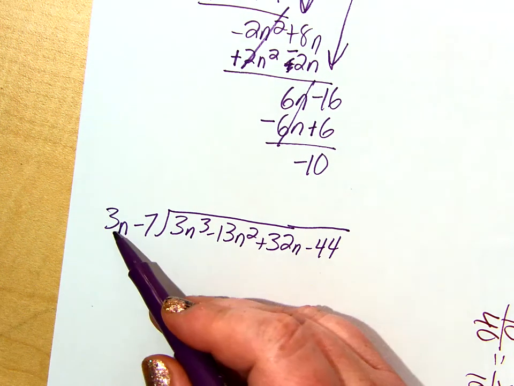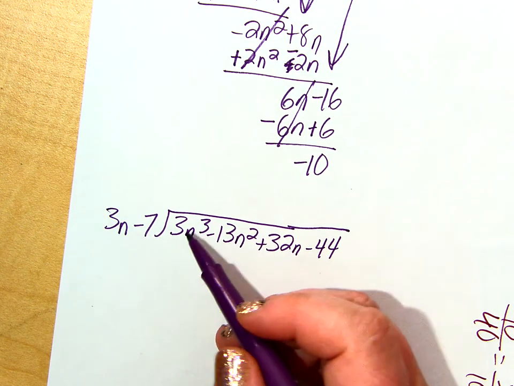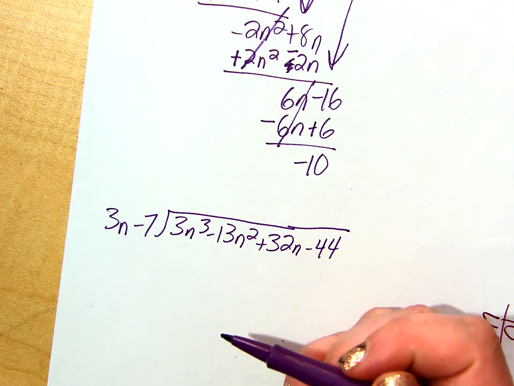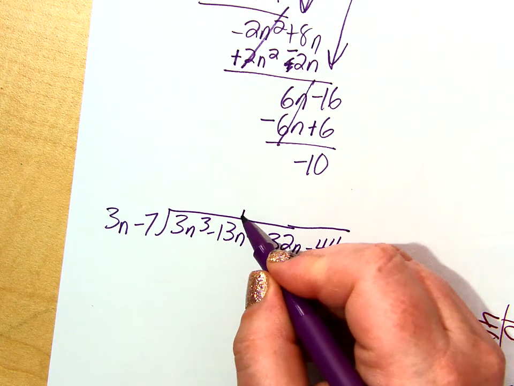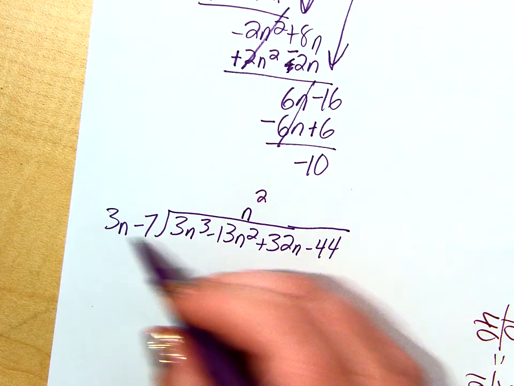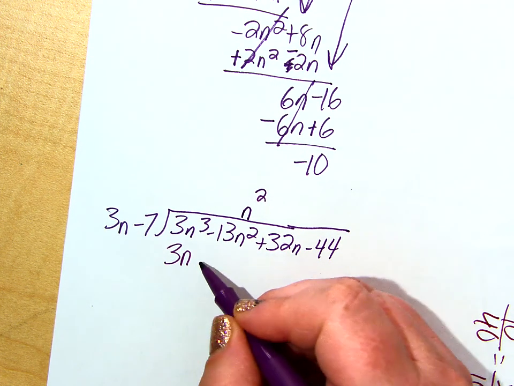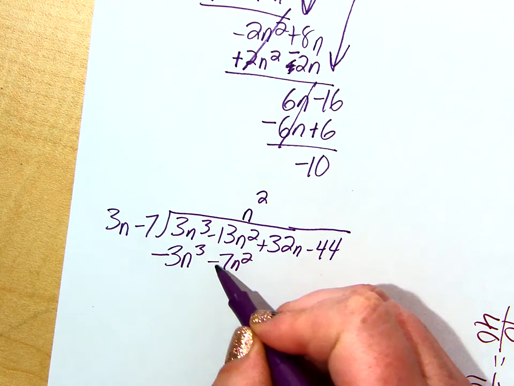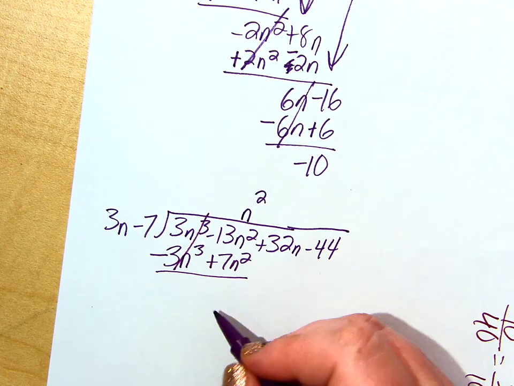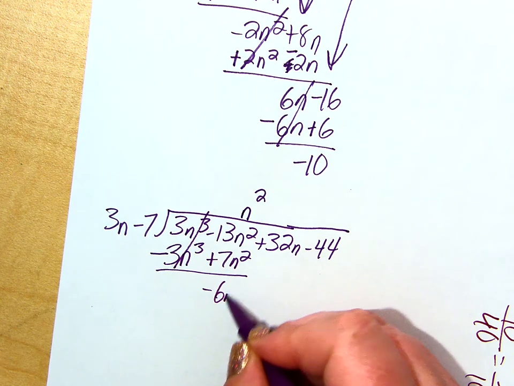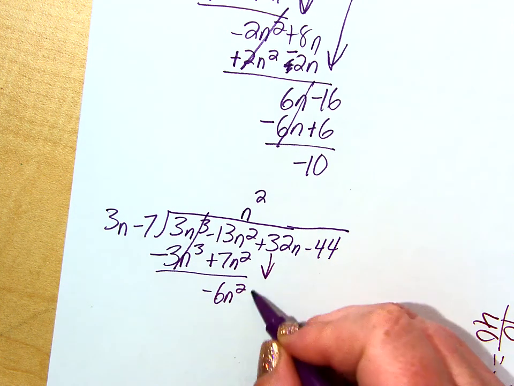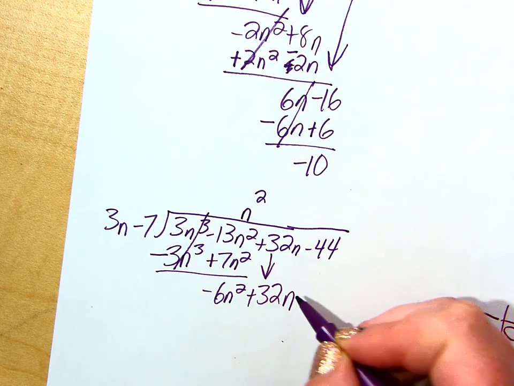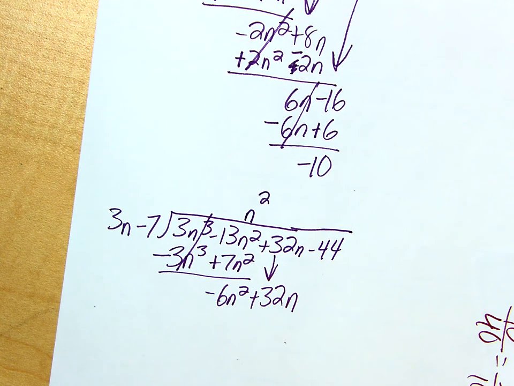So what would I multiply 3n by to get 3n cubed? n squared, right? So multiply through, I get 3n cubed minus 7n squared. Subtract the whole thing. Negative 6. Then what?